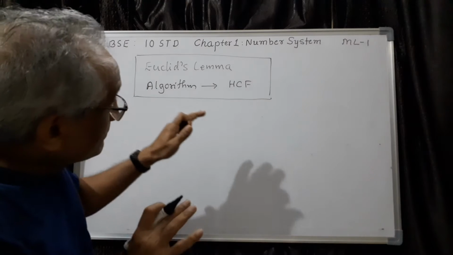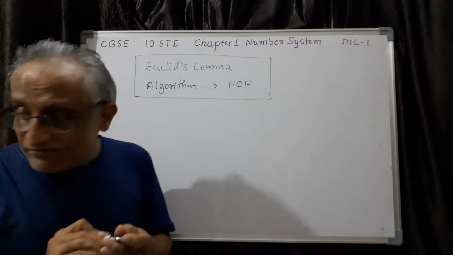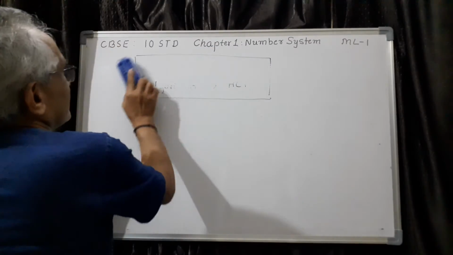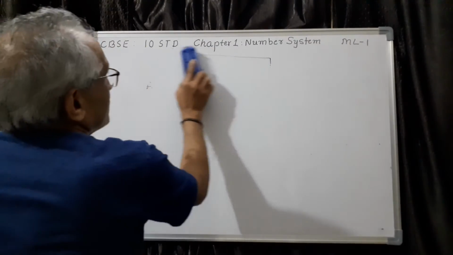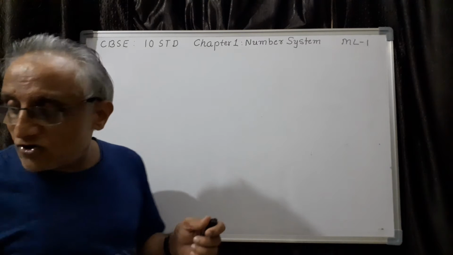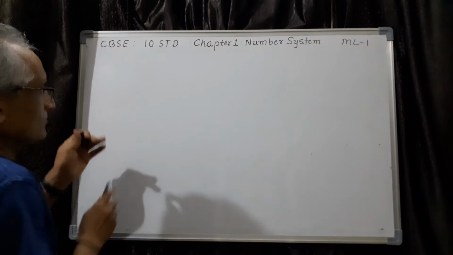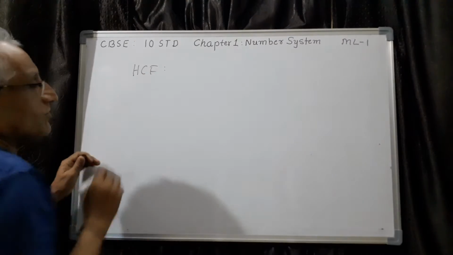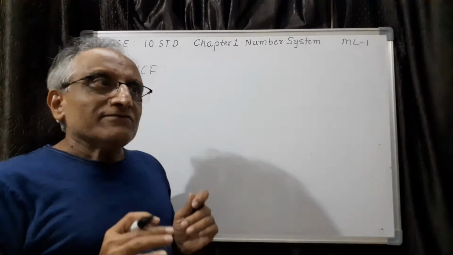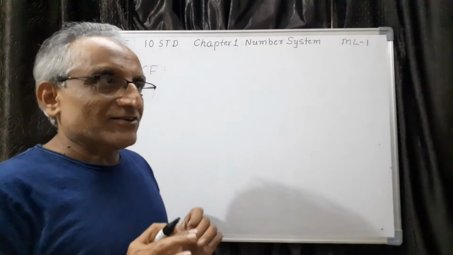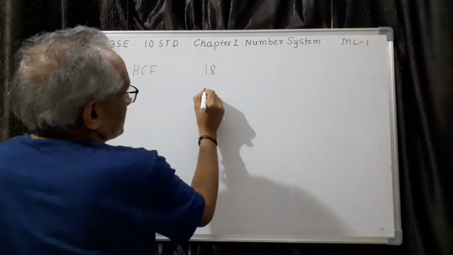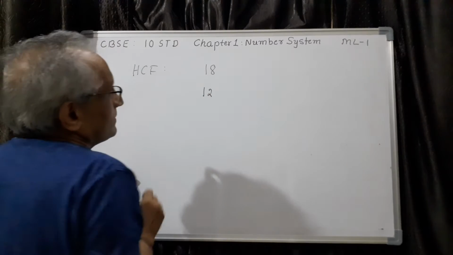Now before I proceed, let me first clarify the meaning of HCF. You know the abbreviation, of course; the full form of HCF is highest common factor. Let me first revise the meaning of HCF. Let us take, for example, a number 18 and another number 12.